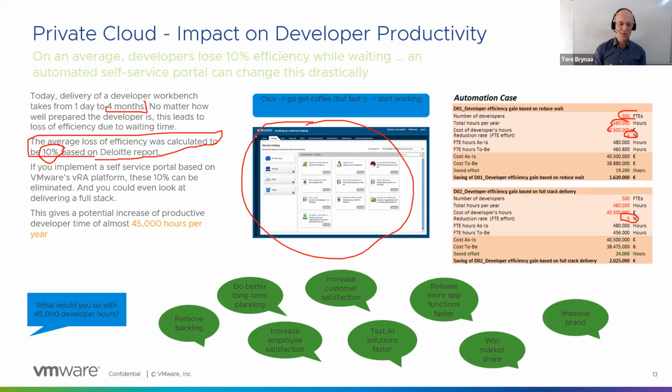So we can reduce the number of hours. We're looking at them saving almost 45,000 developer hours per year just by getting this golden path implemented, getting a click of a button to get their infrastructure delivered, to get things flowing instead of waiting.